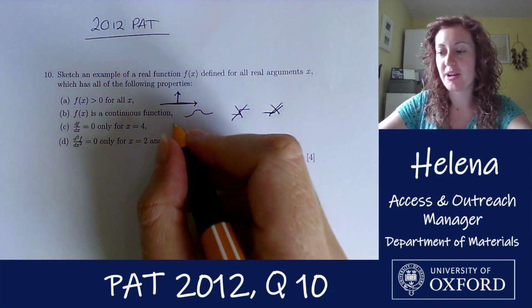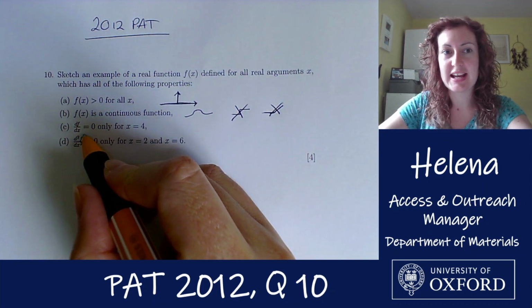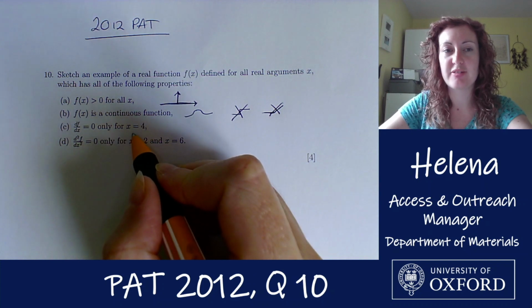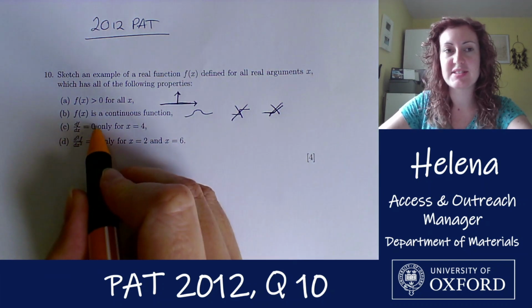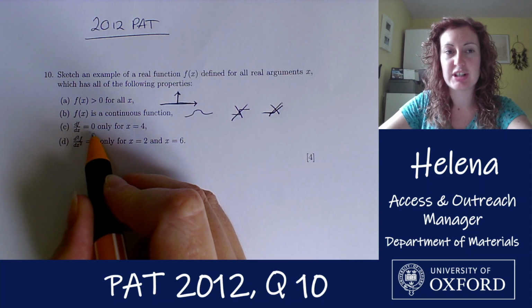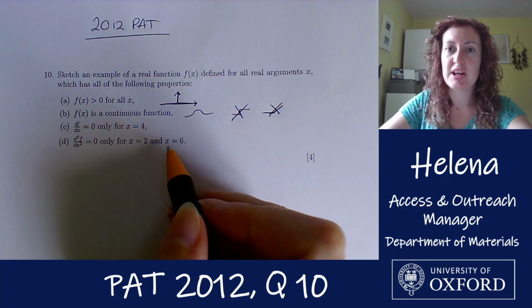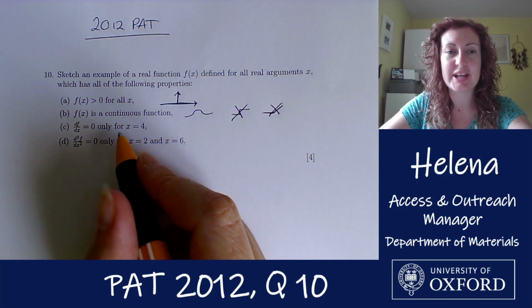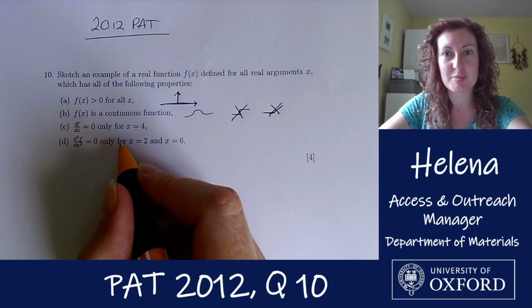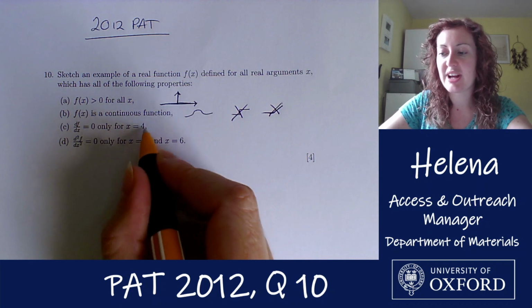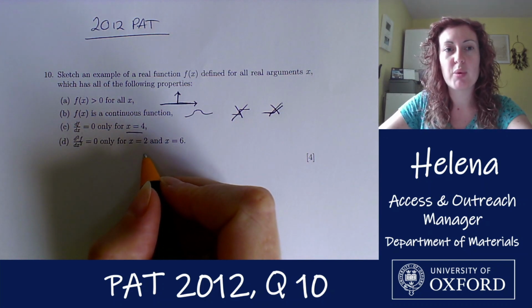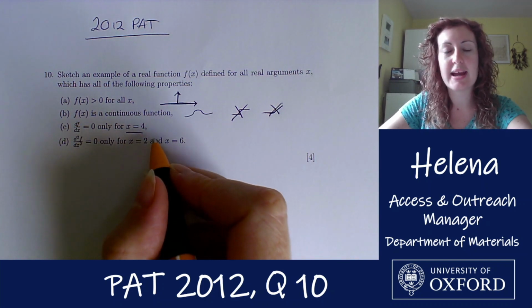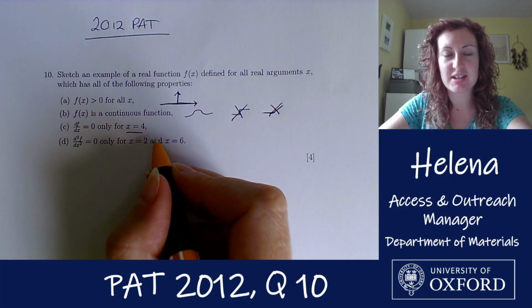The third one, df by dx is 0 only for x equals 4. Okay, so the first derivative of the function is 0 only at this value. So what does it mean if the derivative is 0? Well, it usually means we have a turning point of some description. So we're told the x value for which this occurs, but we're not told anything that might help us determine the nature of this turning point.